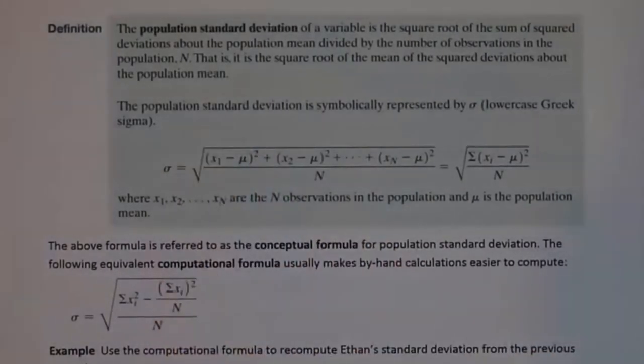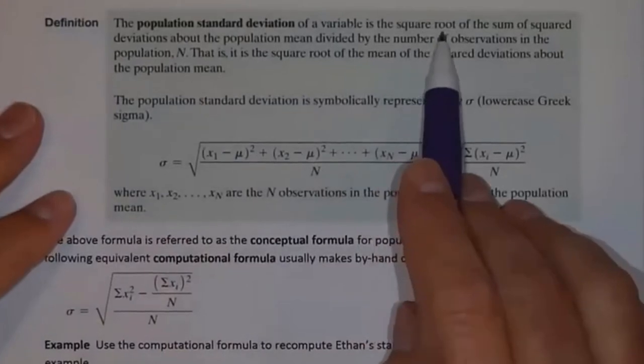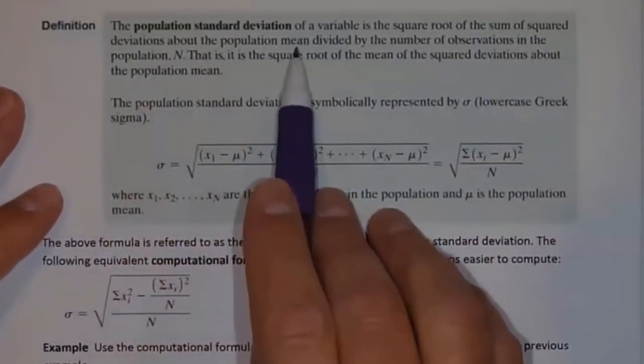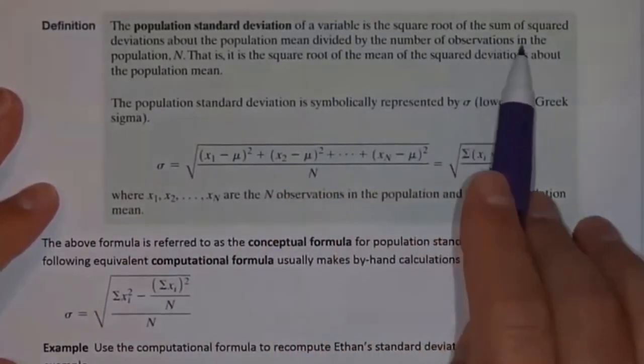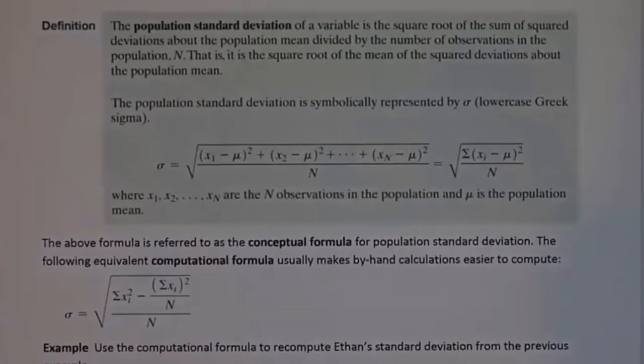Definition: the population standard deviation of a variable is the square root of the sum of squared deviations about the population mean divided by the number of observations in the population, N. So if you just read that sentence, that sounds like a horrible sentence. What did I just read? Well, it's what I'm talking about, right?